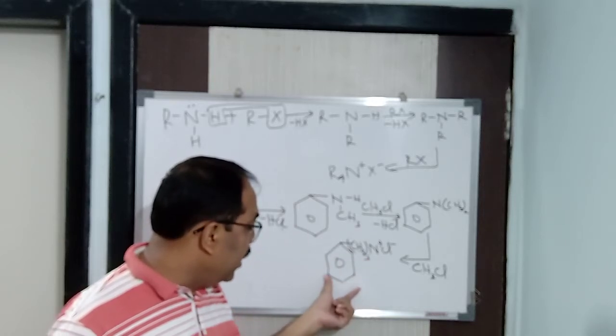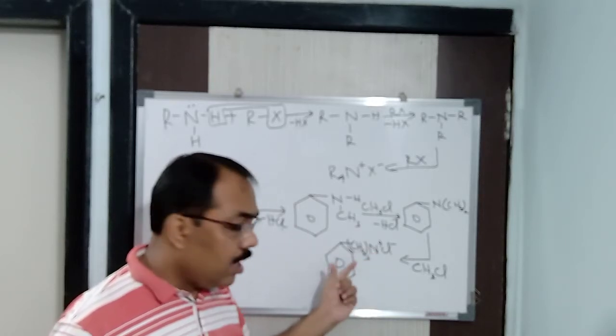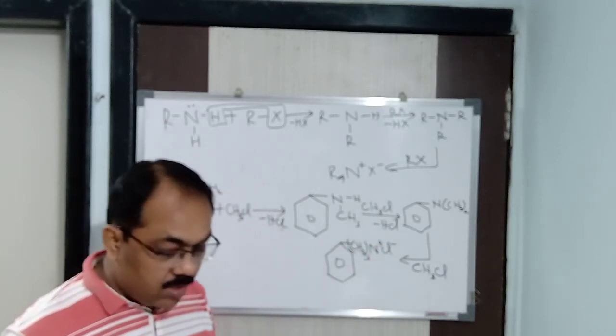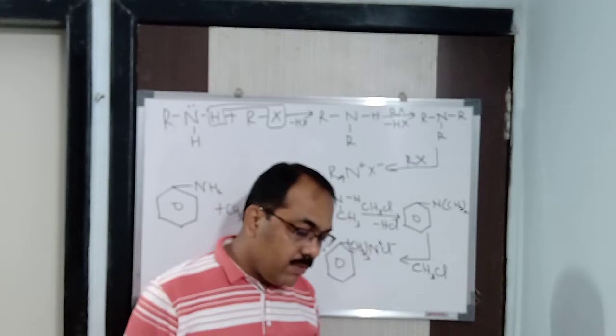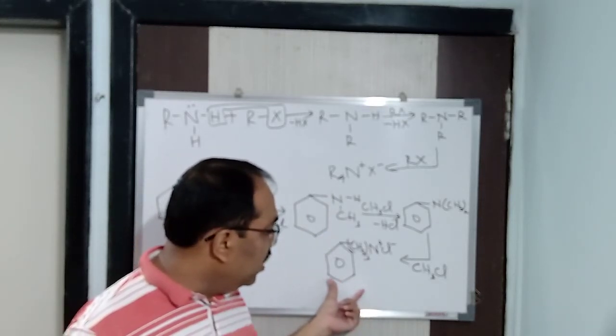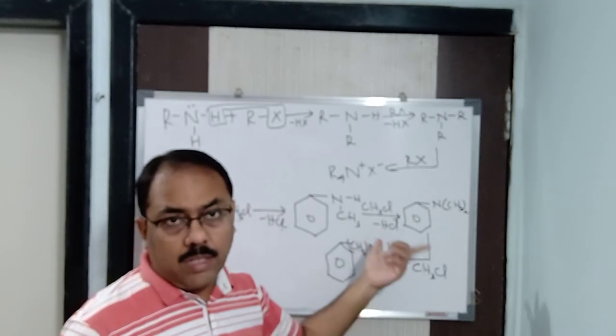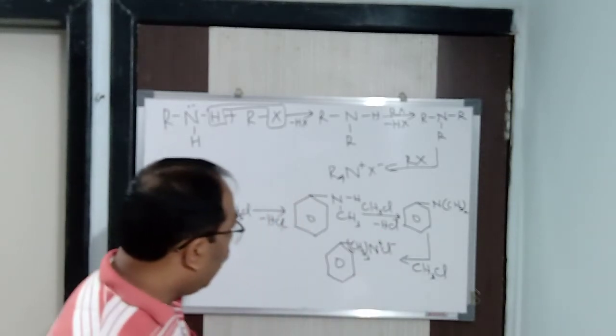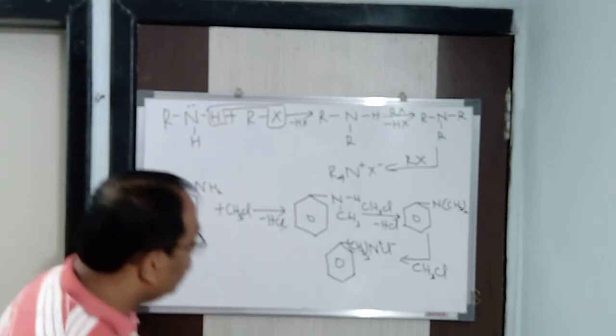Why is it "linium"? Because a positive charge is there. Trimethyl anilinium hydrogen chloride, so to say. Clear? So in this way we are getting it. You can also say trimethyl anilinium chloride. Now next, we'll come to Hofmann's elimination reaction.